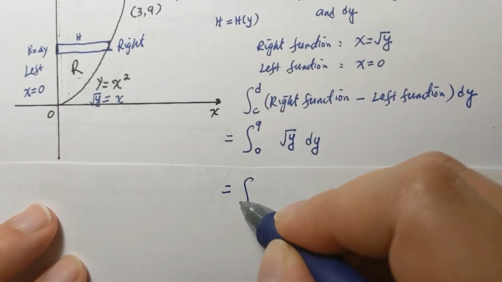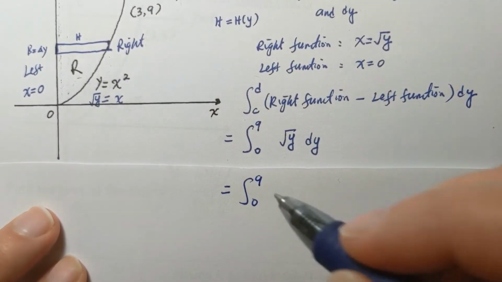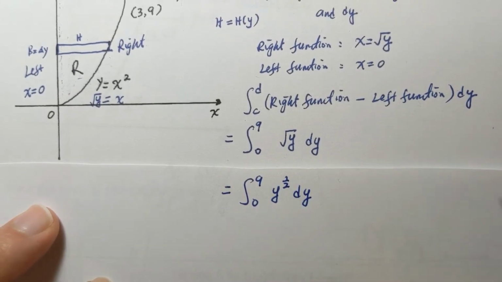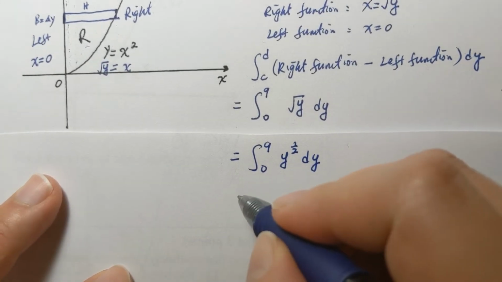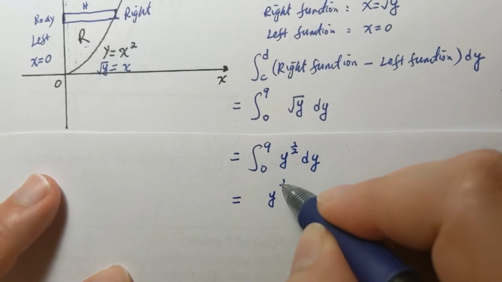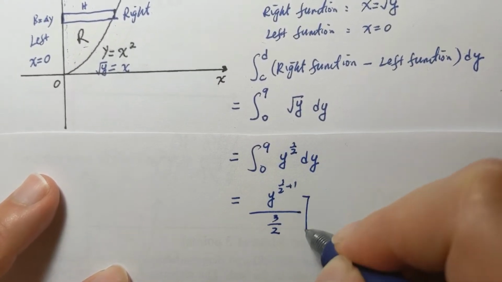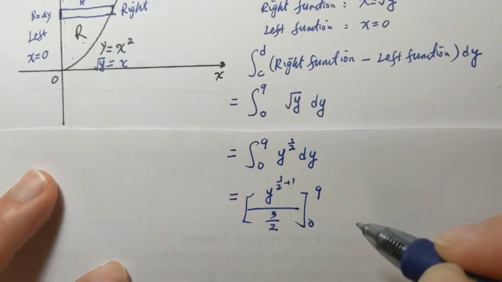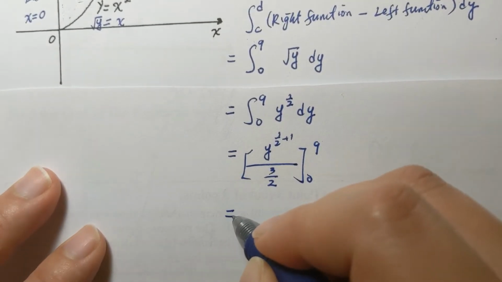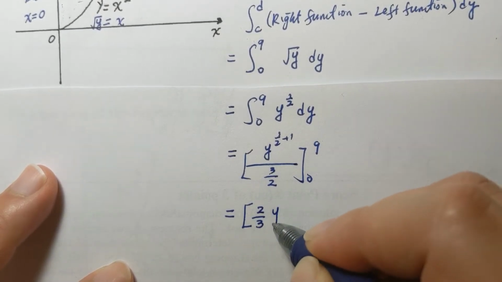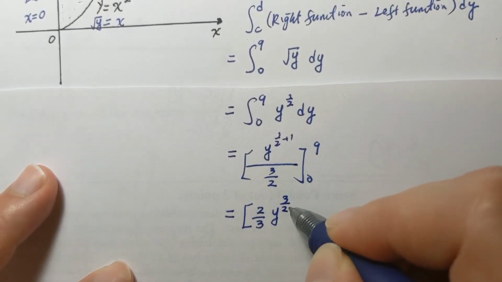So we're going to do the integral from 0 to 9, and we rewrite it as y to the half dy. And then next step, just integrate. So we're going to have y, this is 1 half plus 1, then it will be 3 over 2. And then we flip this over, you get 2 over 3, and y to the 3 over 2.